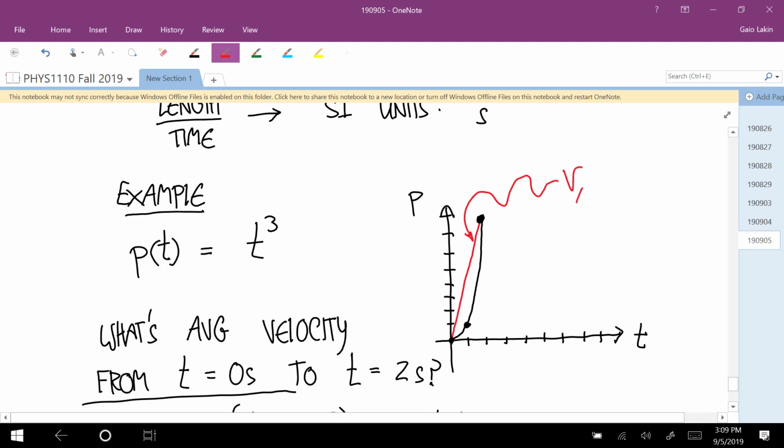So V average is the slope of this line. Questions about that?